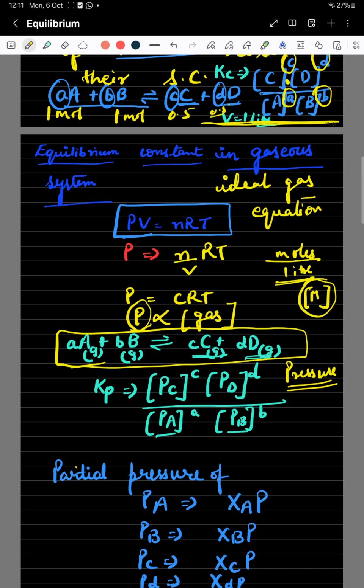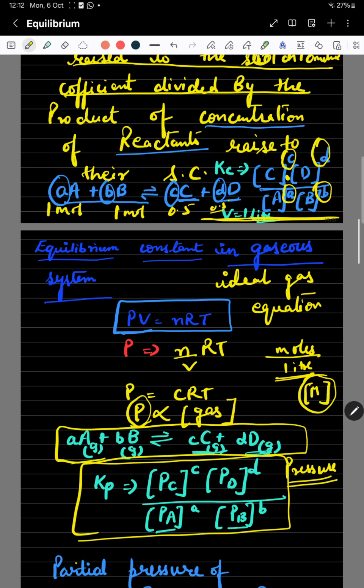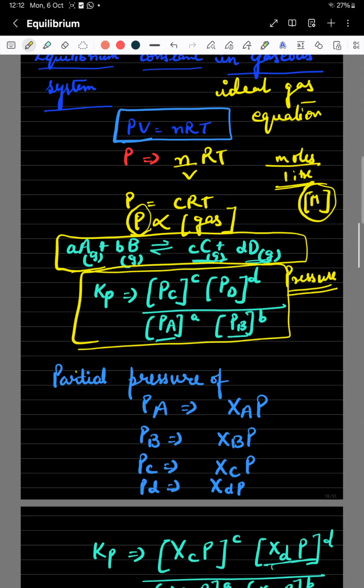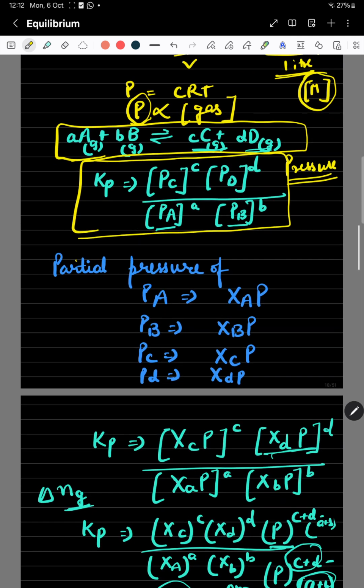So partial pressure of C power C, partial pressure of D power D, upon partial pressure of A power A, partial pressure of B power B. So as you have expressed the Kc in the concentration term, here you have expressed the Kp in terms of partial pressure, because we have understood the partial pressure is directly proportional to the gas concentration. So concentration you are expressing in terms of partial pressure, partial pressure for the reactants and products.